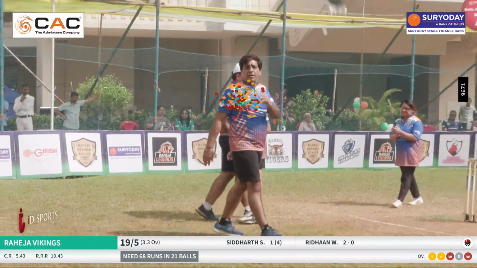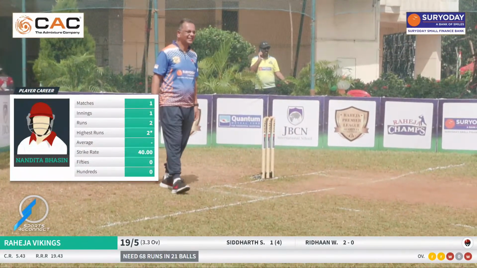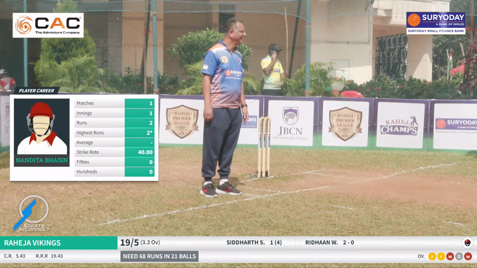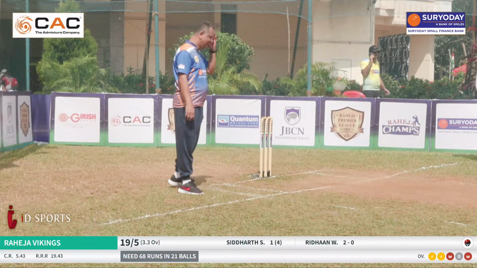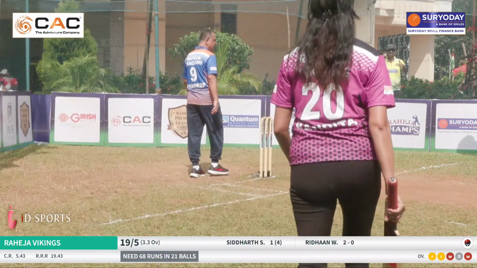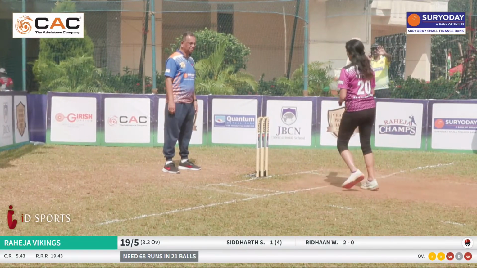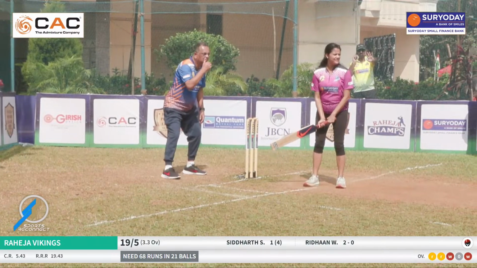Anaika playing it well, but straight to Akhil. And that's a wicket. Vikings losing their 5th. Dragons are on fire here. They'll have a huge NRR at the end of this. Vikings will have to get their strategy back. And that brings Nandita onto the bat.